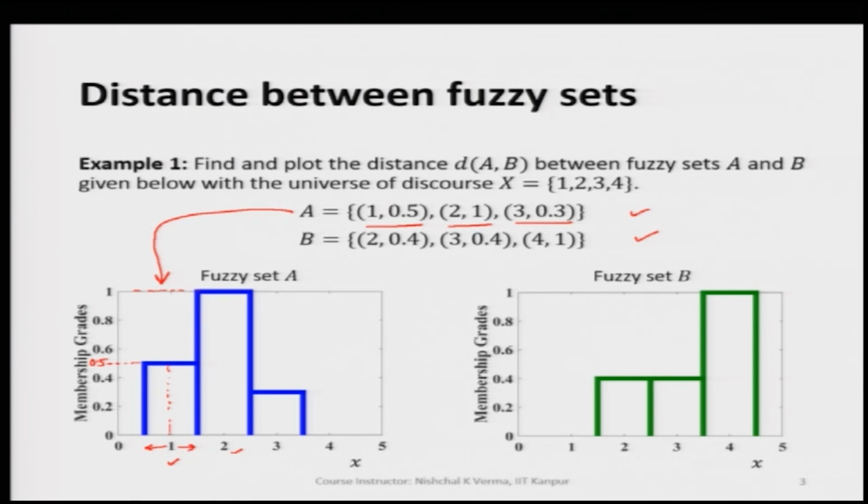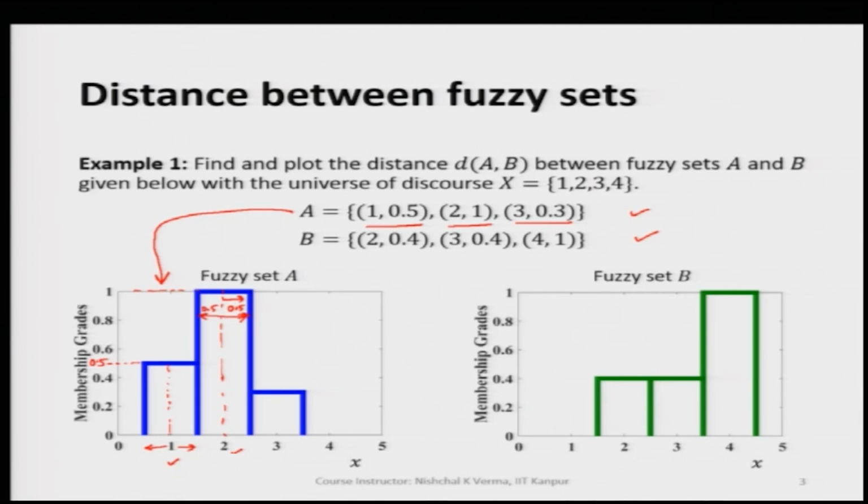This is just for representation purposes, and it will help us understand the computation of distance between two fuzzy sets a little better. This plus minus 0.5 variation has been taken for all the elements of the discrete fuzzy set. For the second element, the membership value is 1, and on this side also 0.5 and this side also 0.5.